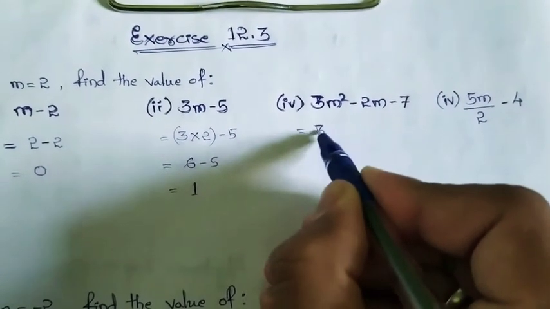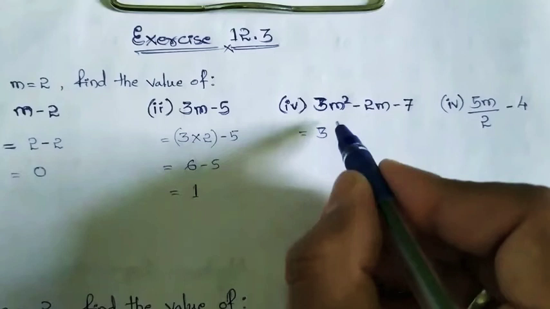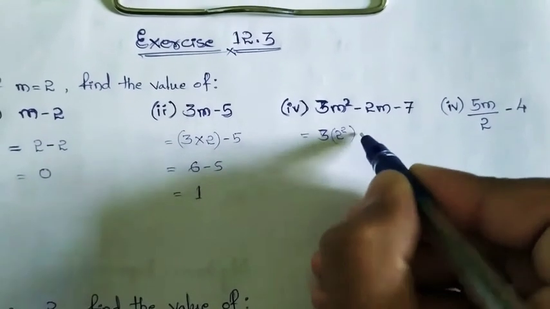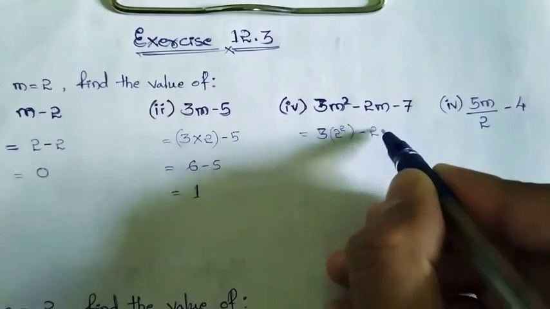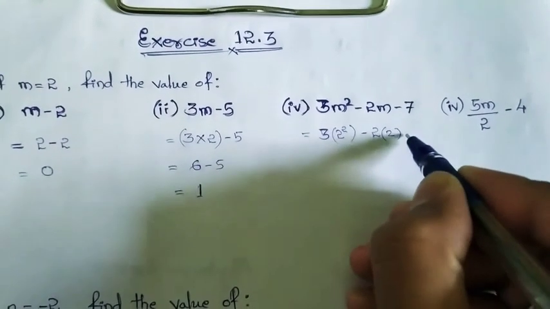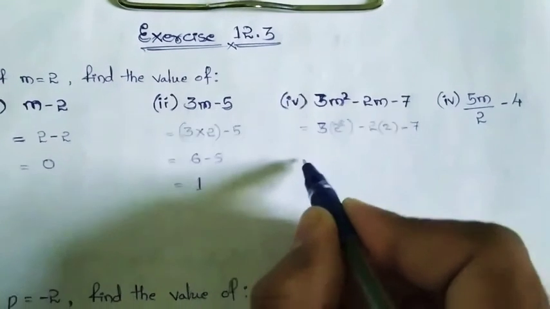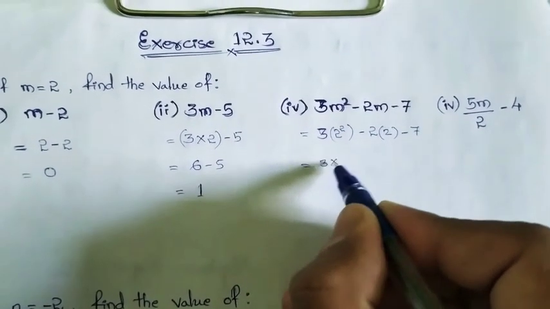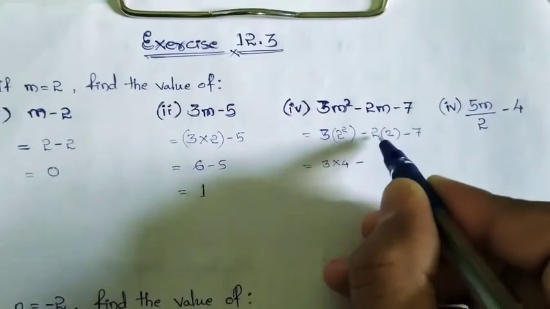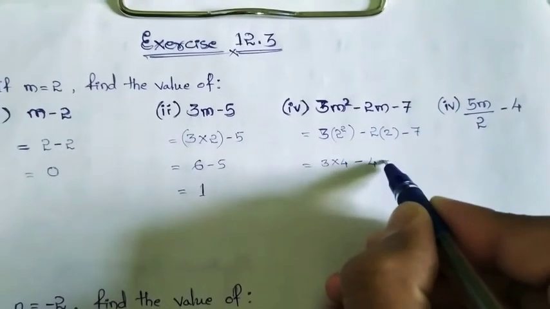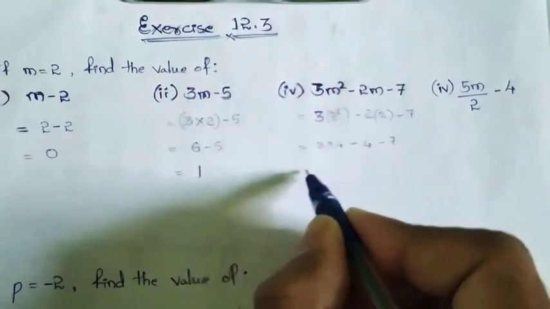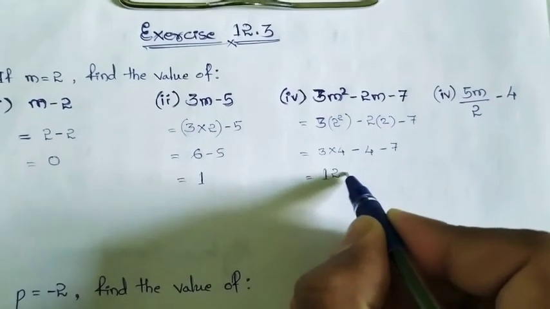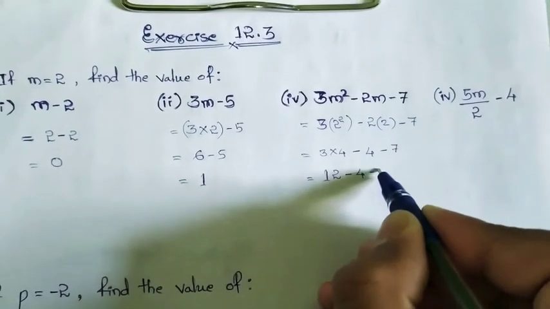Fourth one, here 3m square minus 2m minus 7. So it will be 3 into 2 square, minus 2 into 2, minus 7. First 2 square will be 4. So it will be 3 fours, minus 2 twos, 4, minus 7. 3 fours will be 12, minus 4, minus 7.